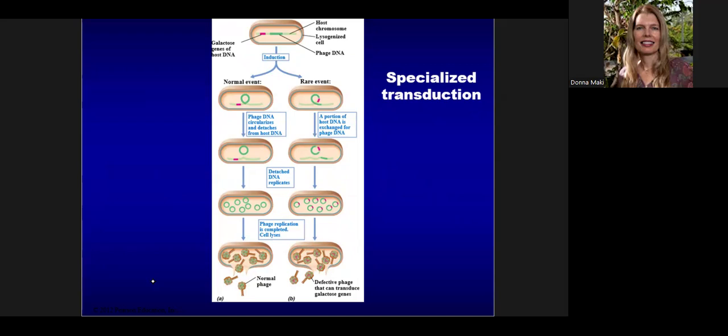Either way, when the phage DNA gets cut out, then the active cycle of viral replication starts. And so now the virus takes that cell hostage, says make more of me, make more of me. And that's what you're seeing here, more viral particles. Except now some of the viral particles have not only their own original phage DNA, but some of the host bacterial DNA too.